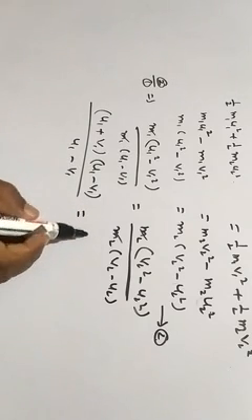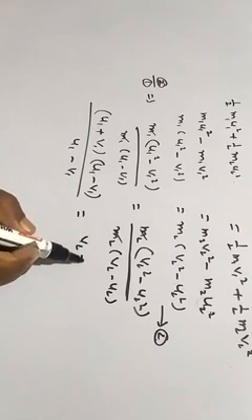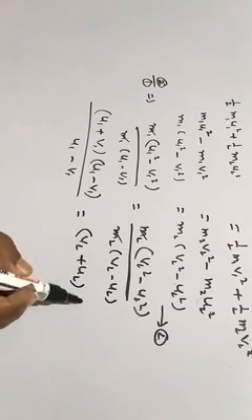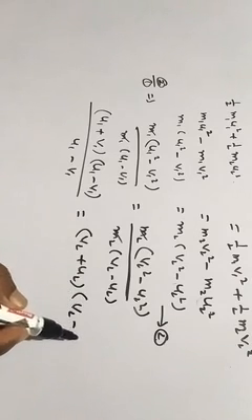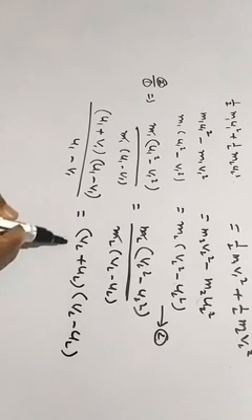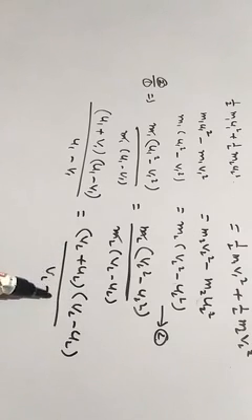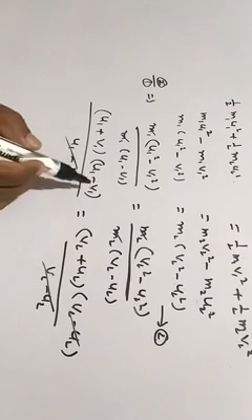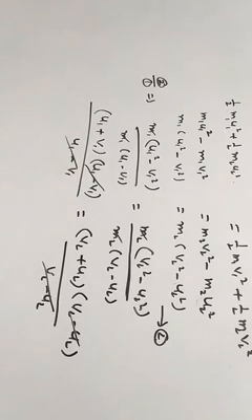So here again v2 plus u2 into v2 minus u2, divided by v2 minus u2. So this one and this one get cancelled. This one and this one get cancelled. Okay. So what is the remaining thing?